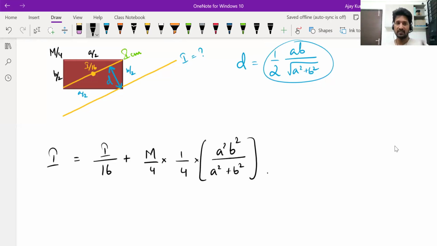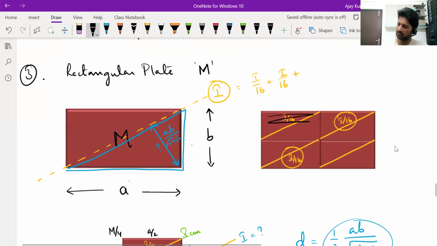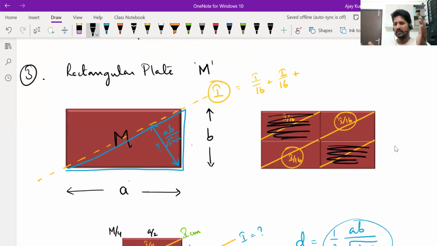And how many of these kinds of rectangular pieces were there? Two. One is this and one is this. They will both contribute the same moment of inertia about the original diagonal. So these two pieces, the ones I am shading in green, were contributing I by 16, I by 16 to the original rectangle.